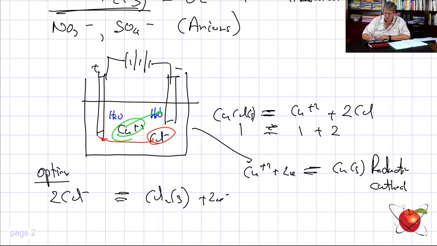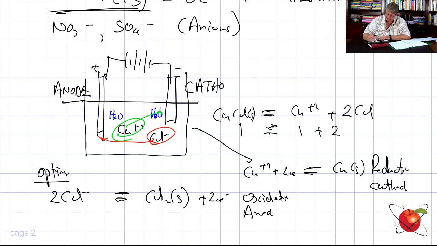This is loss of electrons. This is then going to be my oxidation, which means it's the anode. So the chlorine side is going to be the anode, and the other side is going to be the cathode. All right. So now we've labeled them.